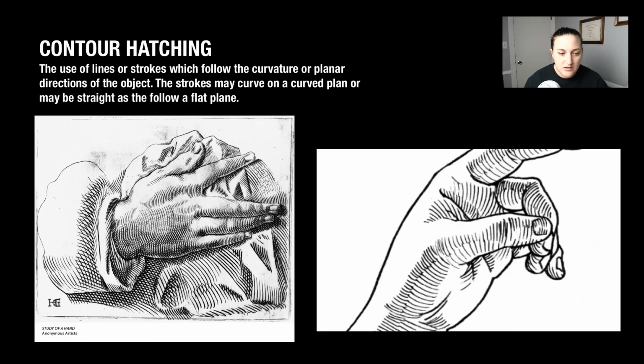Kathy Kolowitz. And then contour hatching is what I want you to be thinking about as well. And that's using hatching specifically in the direction that the form is taking. Remember how we were thinking about that when we were doing rendering? We weren't just trying to render in a way that would make this look flatter, right?